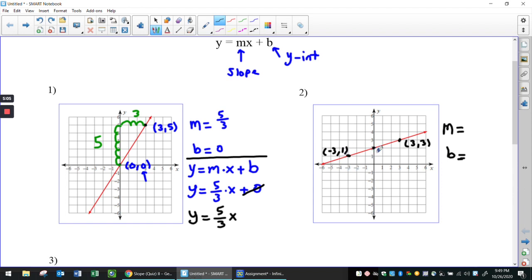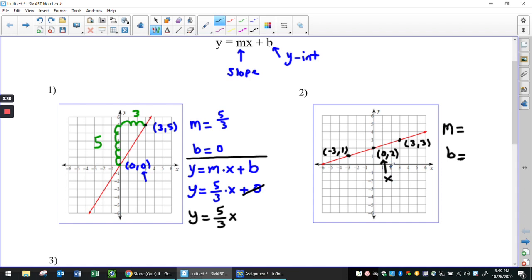That's another point. This point here is (0, 2). Okay. It is important to recognize that when you are looking at a y-intercept, the ordered pair for that will always have 0 as its x-coordinate.